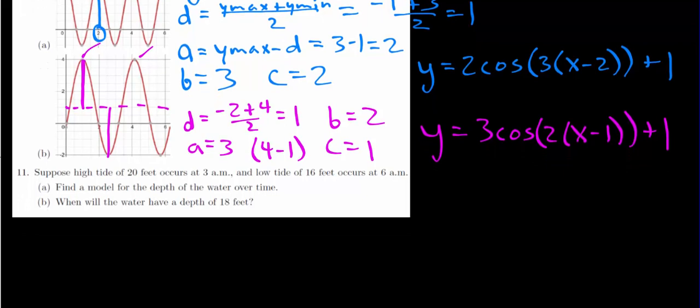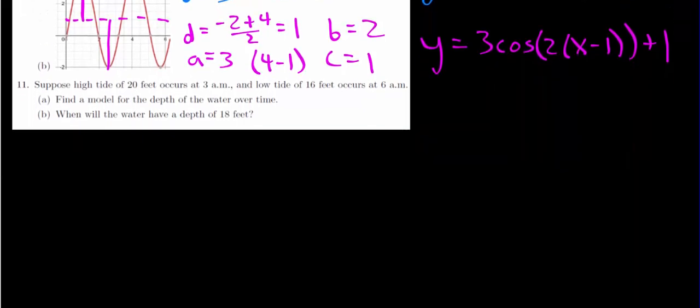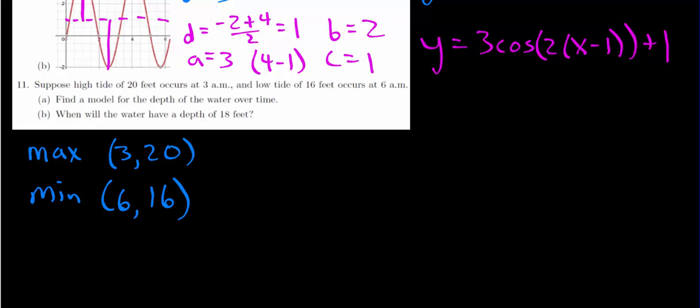Now, the next part, we have this application where we have a tidal situation. We're looking at the depth of water over time. And we're told that the max depth of the water occurs at 3 a.m. and it's 20 feet. The min occurs at 6 a.m. and it's 16 feet.